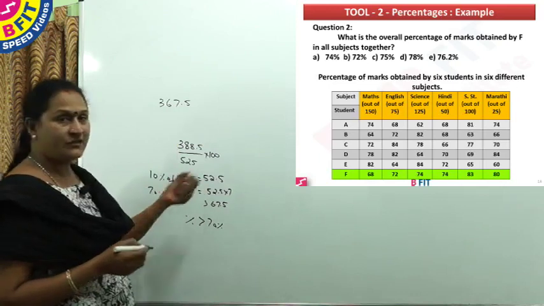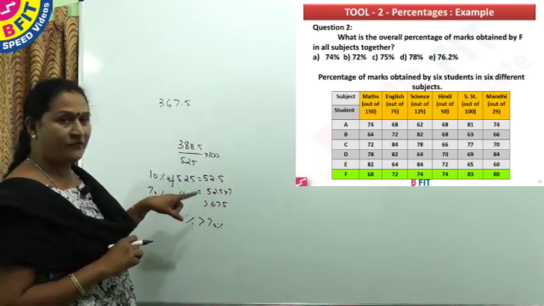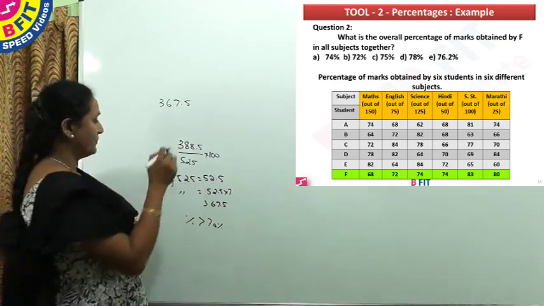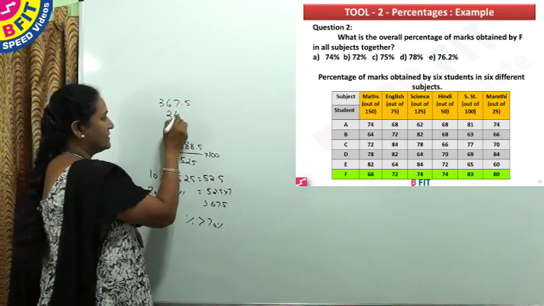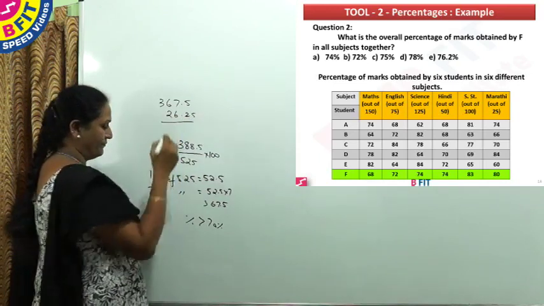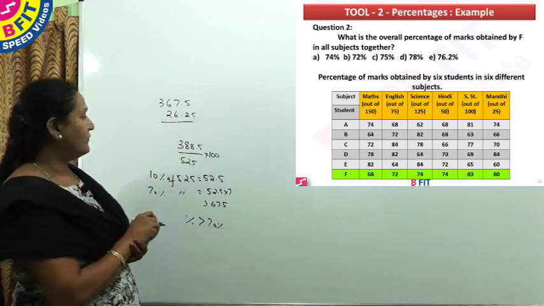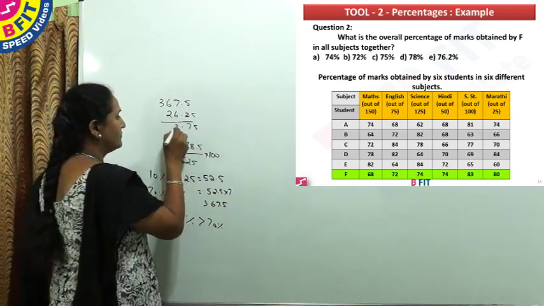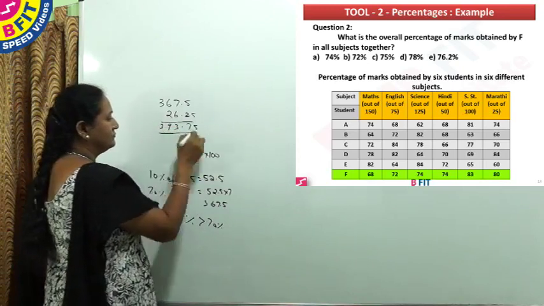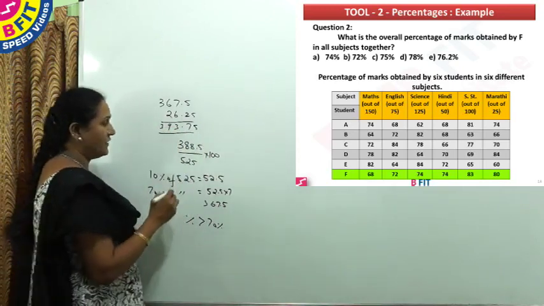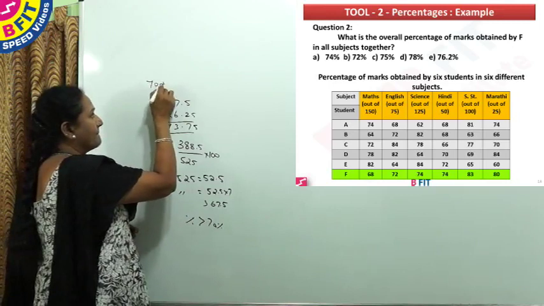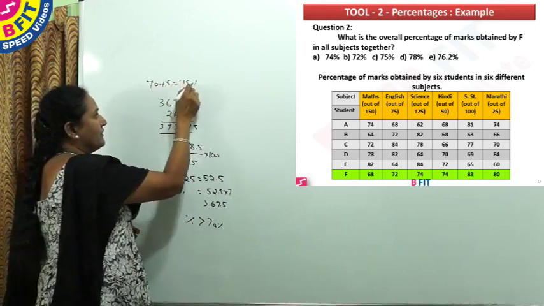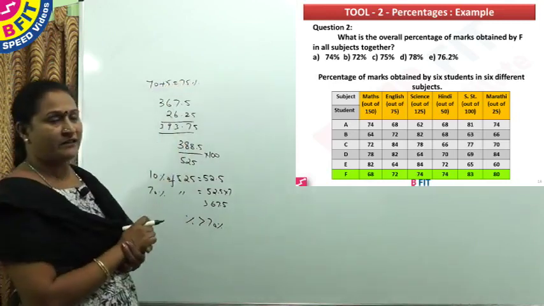So 10% is 52.5. What will be 5%? Half of this, 26.25. So when you add half of 10%, 5%, to 70, 75% we get 393.75.